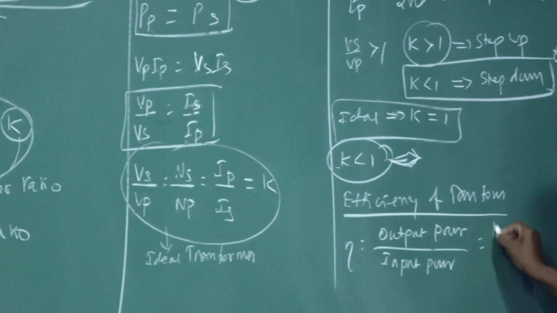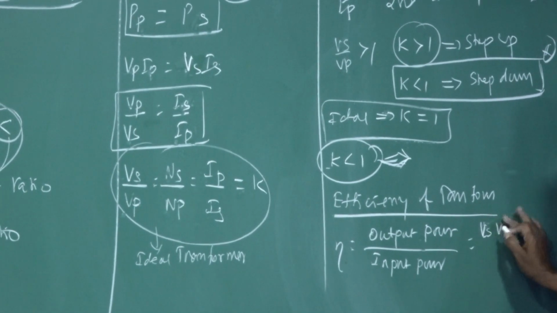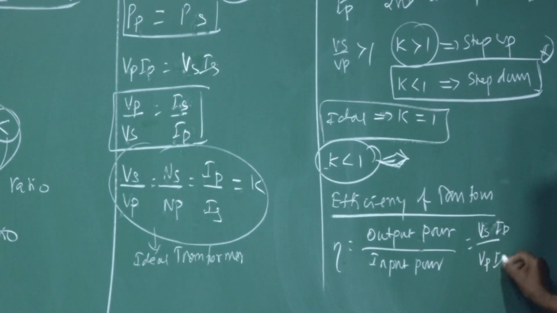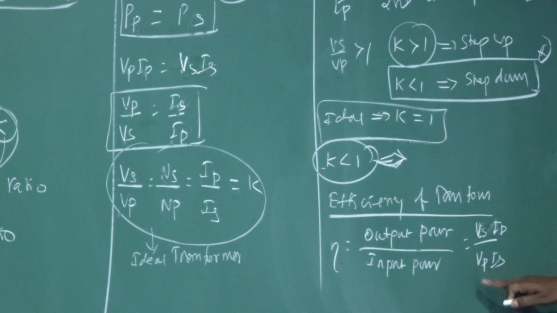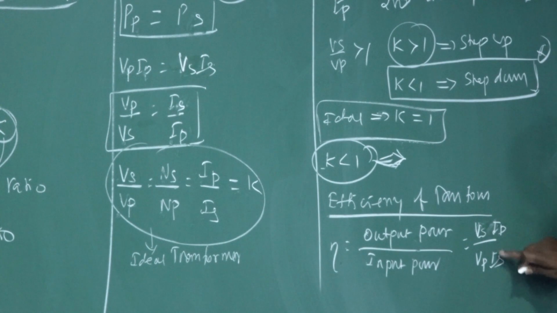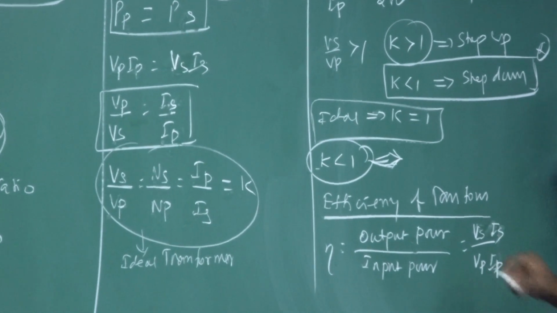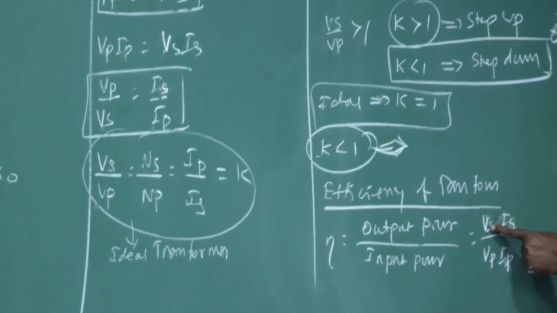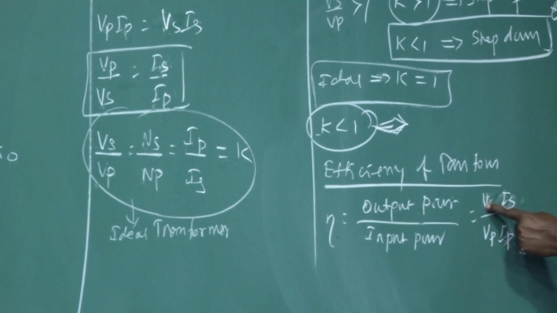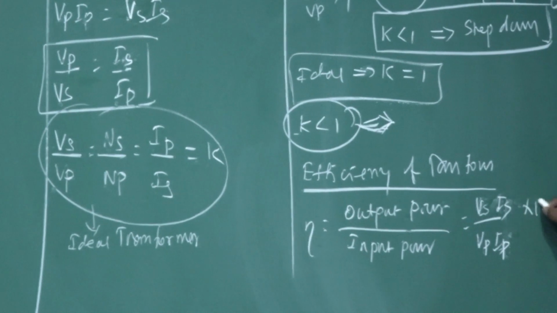Output power is Vs Is, and input power is Vp Ip. Power is a product of voltage and current. So eta is equal to Vs Is divided by Vp Ip, into 100%.